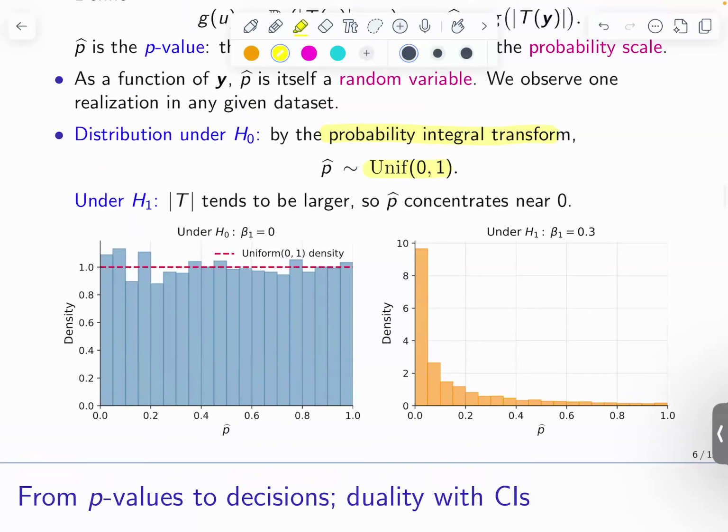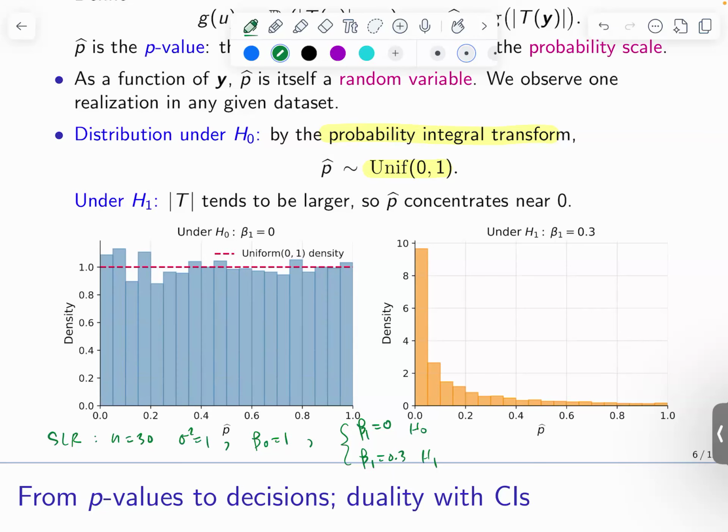Here I'm having, I think, a simple linear regression. Maybe n is 30, sigma squared is 1, I forgot, and beta 0 could be maybe 1 or something. And we have two possible values of beta 1. Beta 1 is either 0, this is the null, or beta 1 is 0.3, this is the alternative.